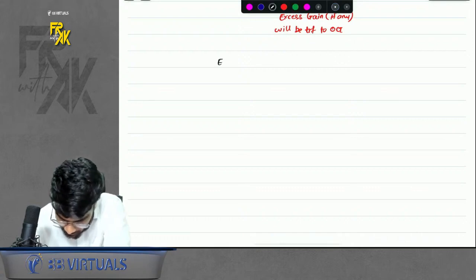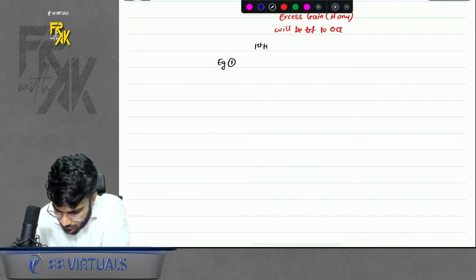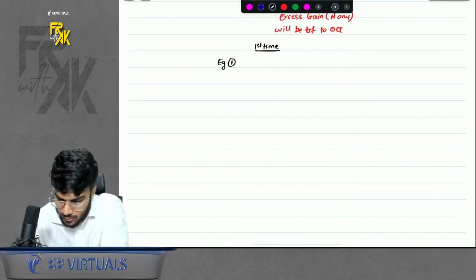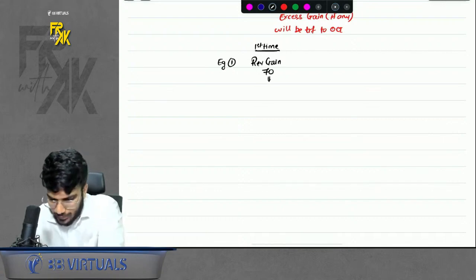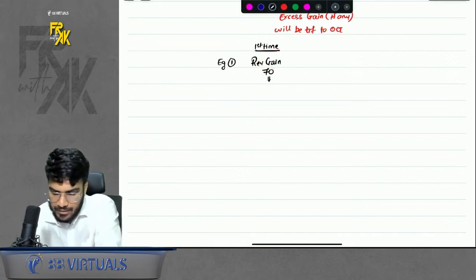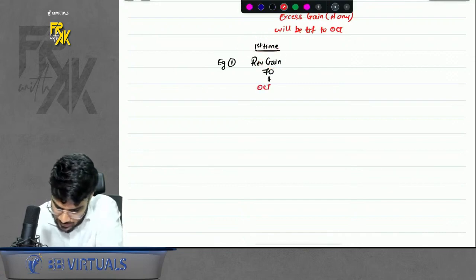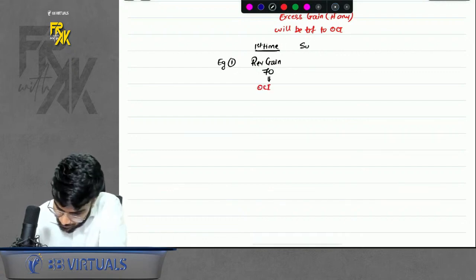Let's take example number 1. Okay, so let's assume in the first time you had a revaluation gain of 70. Tell me, if in the first time you get a revaluation gain, where will this gain get transferred? Of course, the answer is OCI. Very good. Now let's assume you do subsequent revaluation as well.